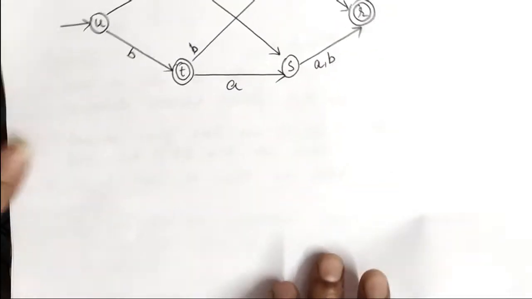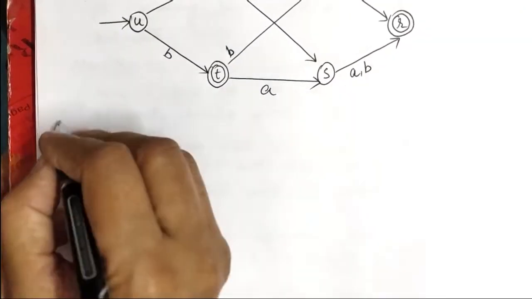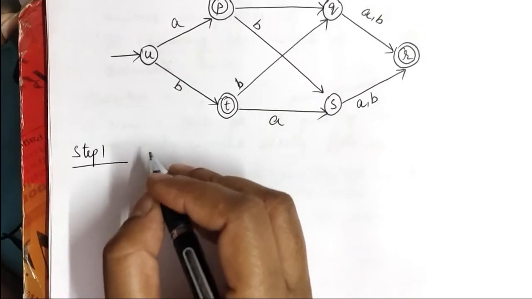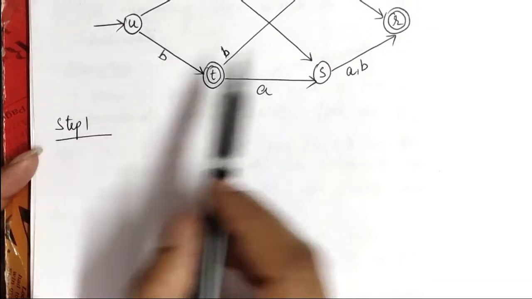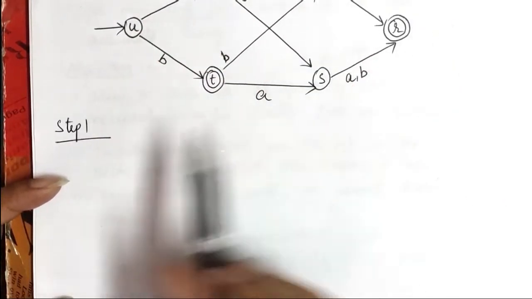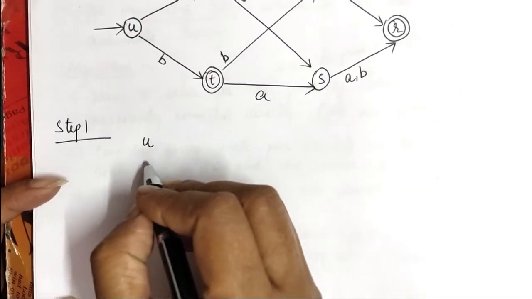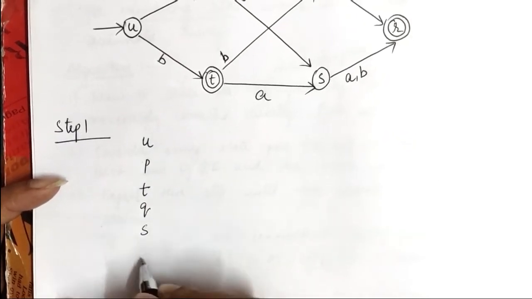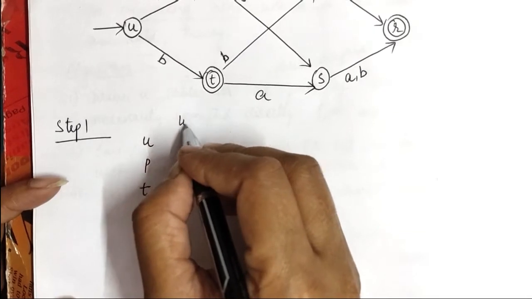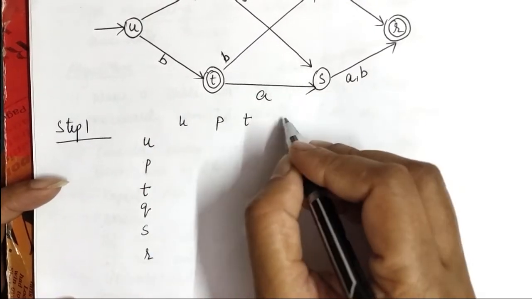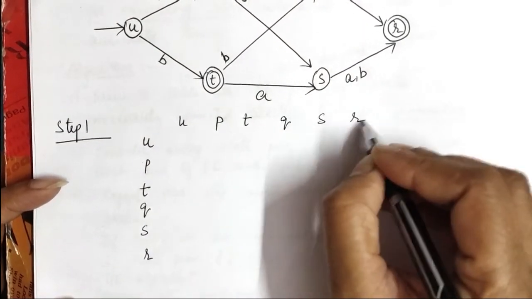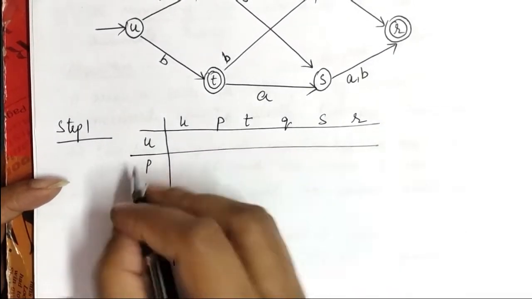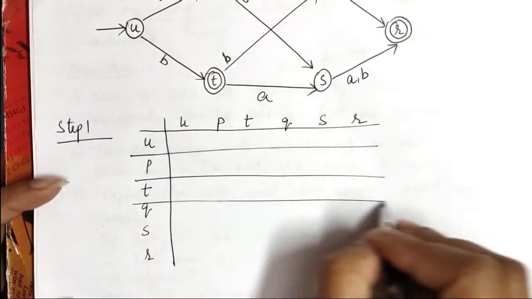So how do we create the table? Step one: there are six states U, P, Q, R, S, T. So we take n by n. Rows U, P, T, Q, S, R. Similarly columns U, P, T, Q, S and R. Now we create this table like this.